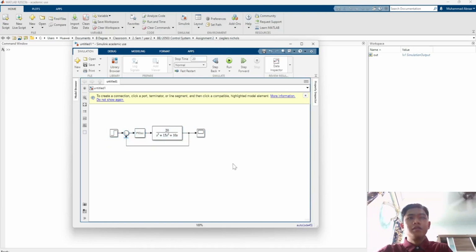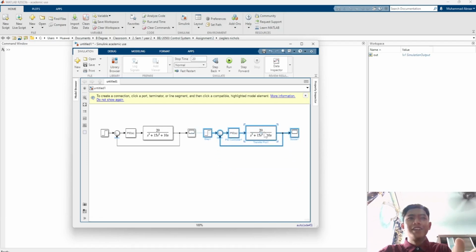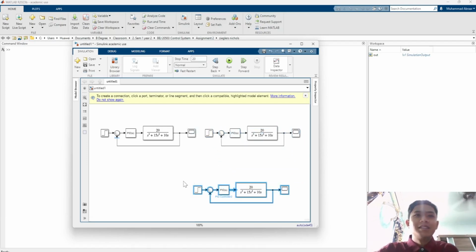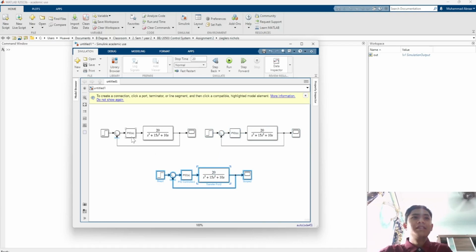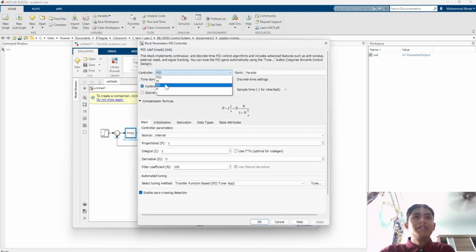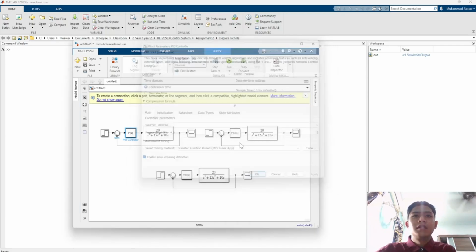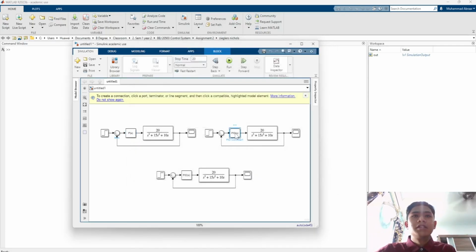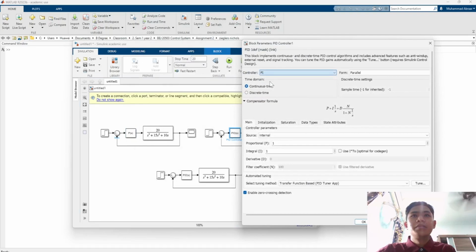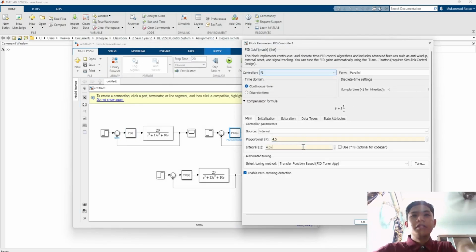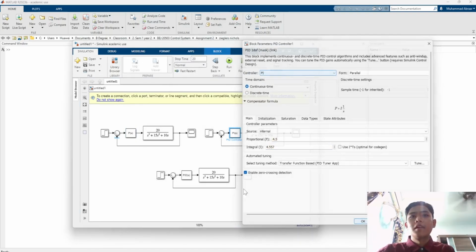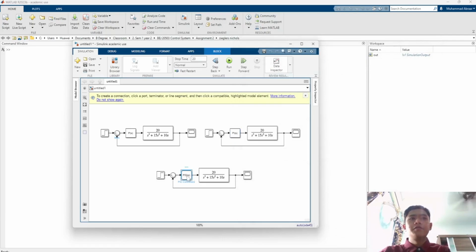And let's define this as P only, 4.5. All right, and this is for the PI, 4.557, and this is for the PID.